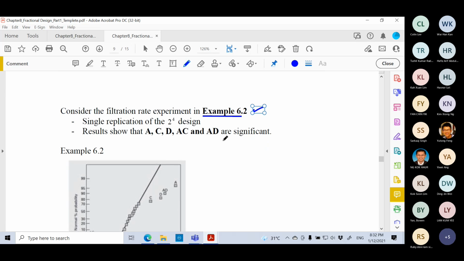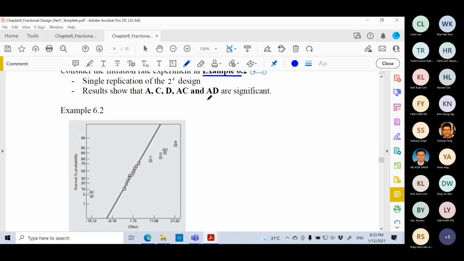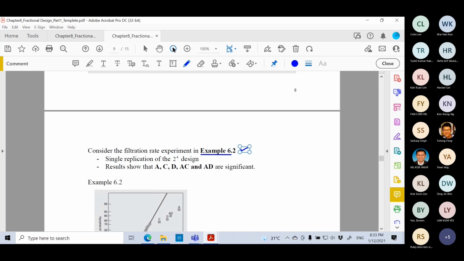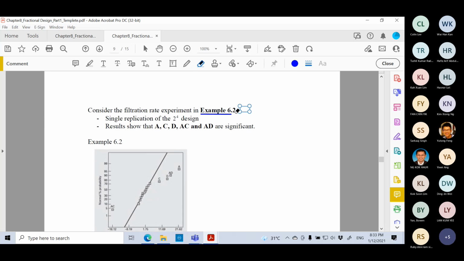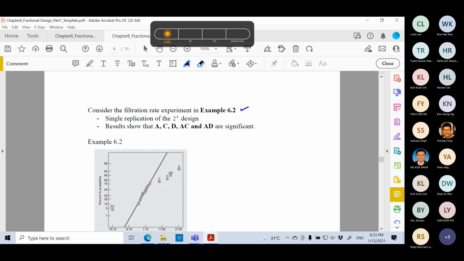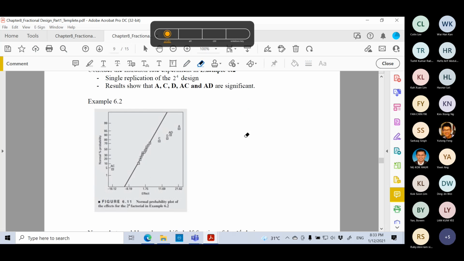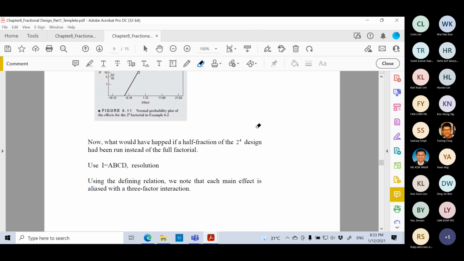So let us see whether we get it or not. I put this here because I just want to let you know what the previous result is for the same example.